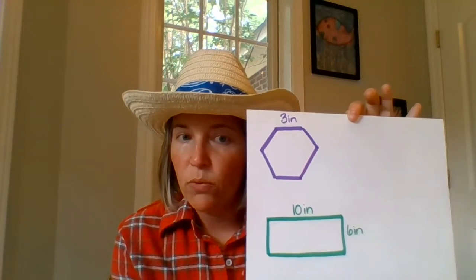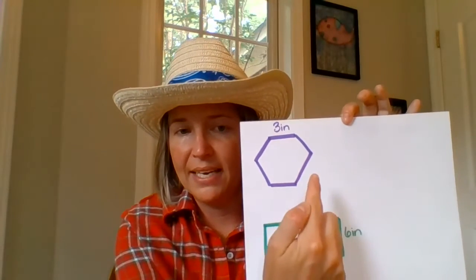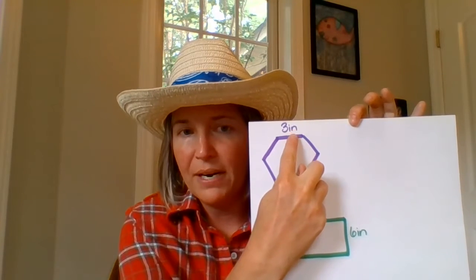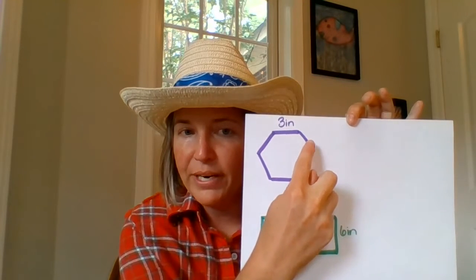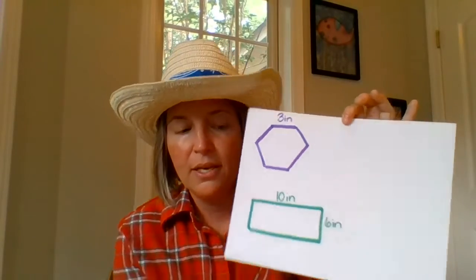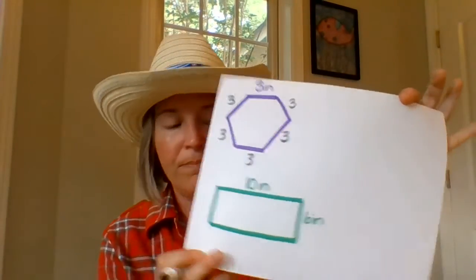If you remember back to week 1 in our geometry lesson, we talked about regular polygons like this, which means all of their sides are exactly the same. So if I have one side labeled as 3 inches, I now know that every other side of this hexagon is also 3 inches. So to add all of their sides up, to help me, I go ahead and label each of my sides, so when I'm adding them, I don't forget them.